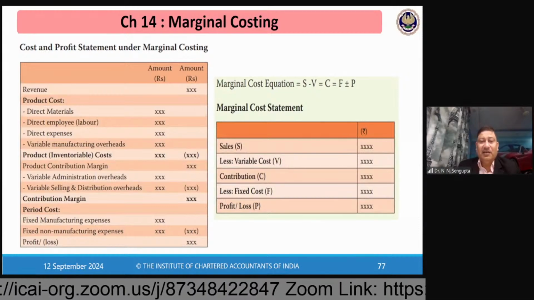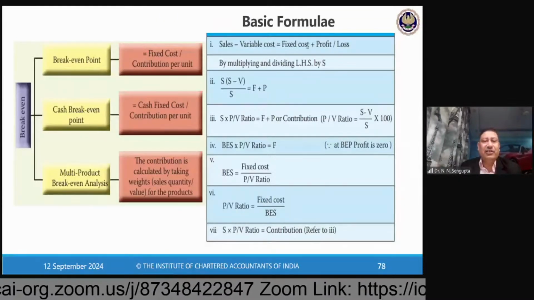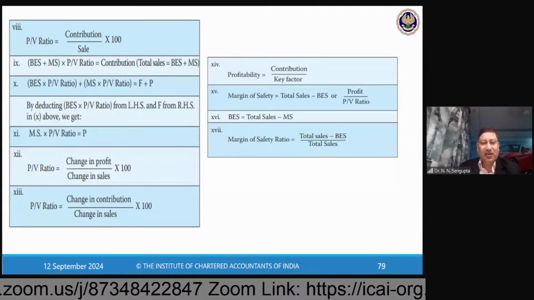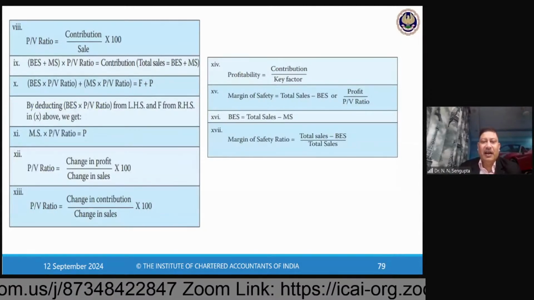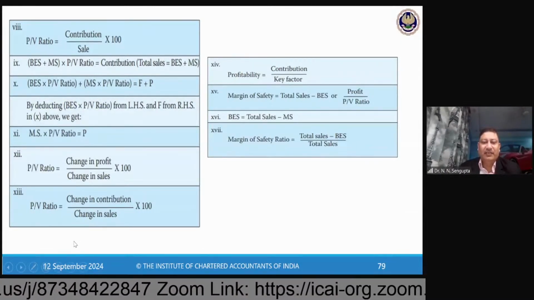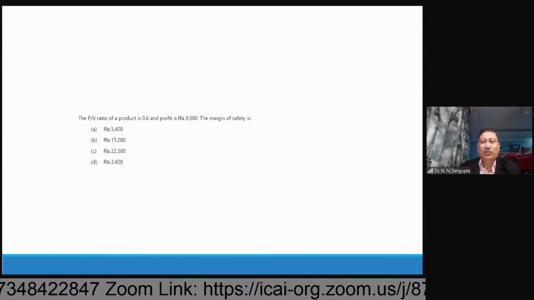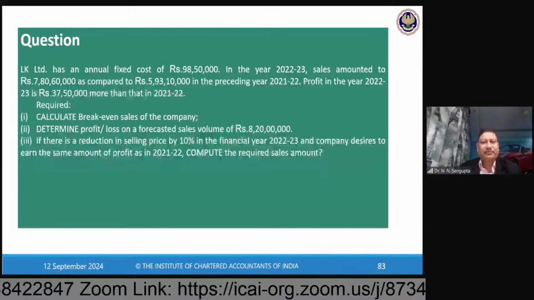In marginal costing, along with the traditional questions, you need to concentrate on various decision-making processes, like make or buy or key factor. Those kinds of things are now included in the syllabus, so you need to concentrate on that.